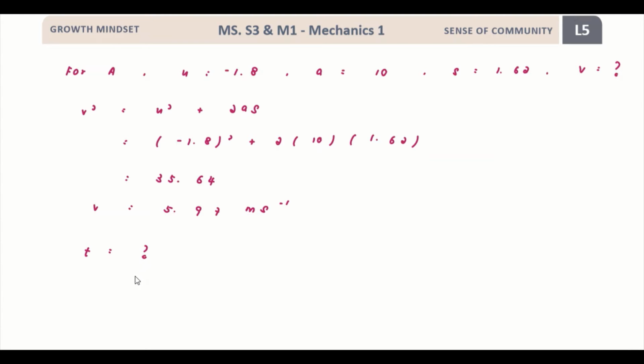So U, A, S, and T. So we can try to use S equals UT plus 1 over 2 AT square. Okay, we could use the V also, but make sure that you use the exact value, okay? So 1.62 equals our U is negative 1.8. T is what we want to find. Half acceleration is 10.